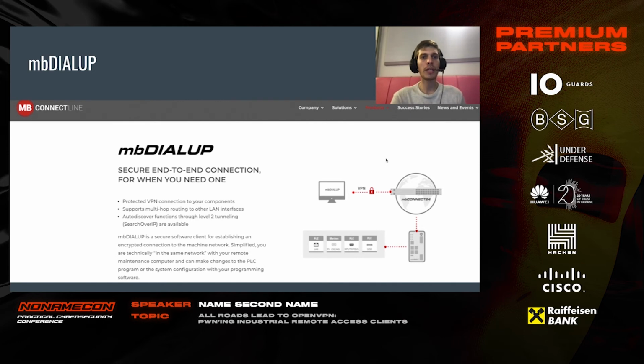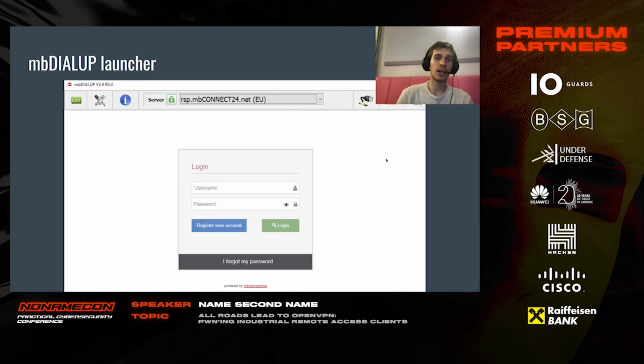MB Connect Line is a company that again develops VPN services, secure end-to-end connection for when you need one. This is their logo. They are again a company in the industrial automation world, and they produce and manufacture different appliances, different systems, and they have their own VPN cloud again.